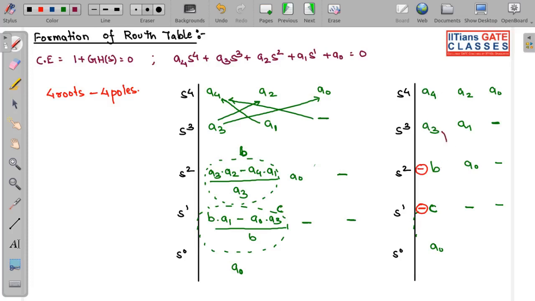From plus to minus there is 1 sign change, then from minus to minus none, and then from minus to plus another. So there are in total 2 sign changes. The number of sign changes indicates the number of right half poles, so in that case it will be 2. This is how we make a conclusion about the Routh table and the number of poles present in the right half of the S-plane.